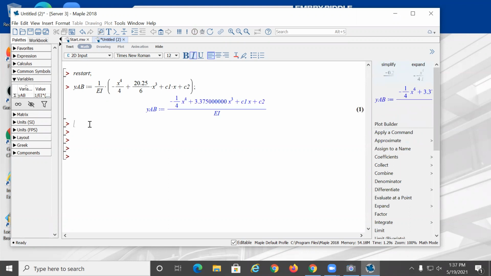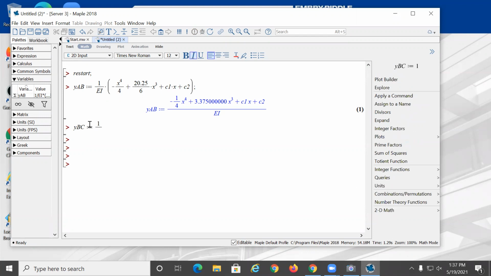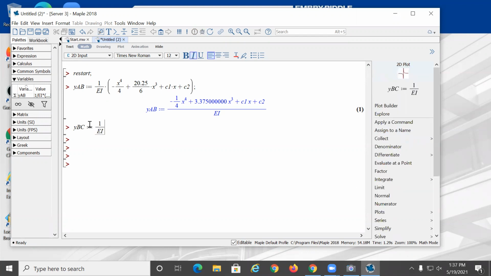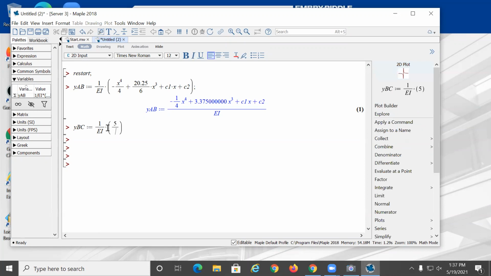Okay, now let's do Y of BC is equal to 1 divided by EI times 5 divided by 6. So this takes a little bit longer at the beginning, but in the long run, it's much faster.